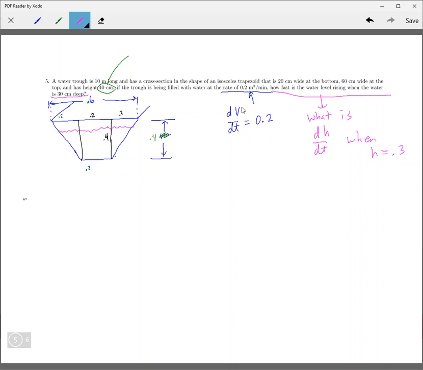So what you need to do is come up with an equation involving the volume and the height. Now, the easiest thing is you could probably figure out the volume in terms of the height.